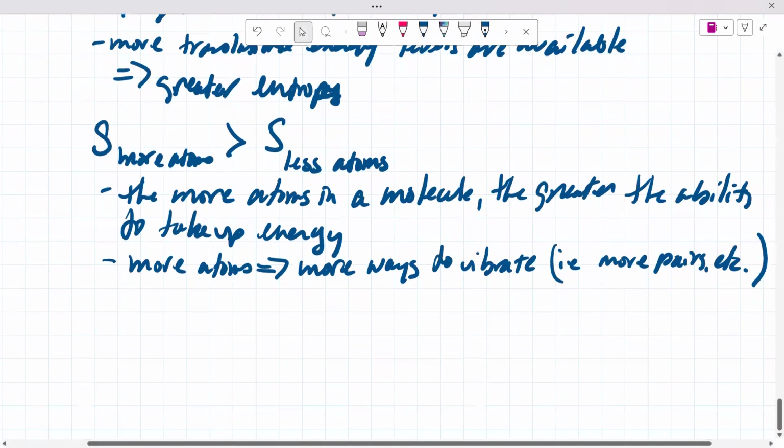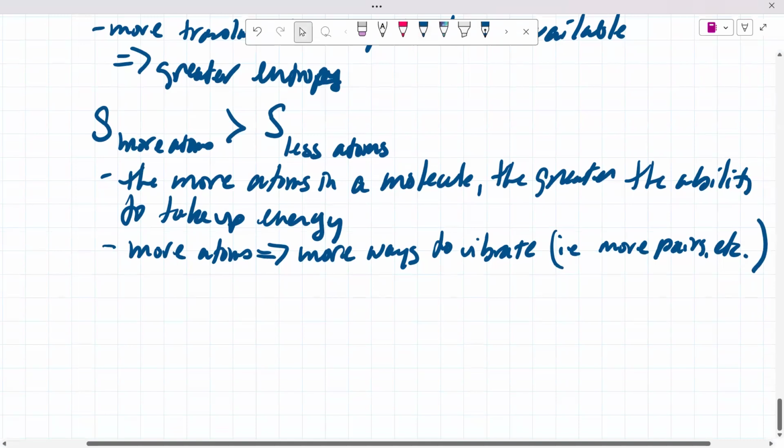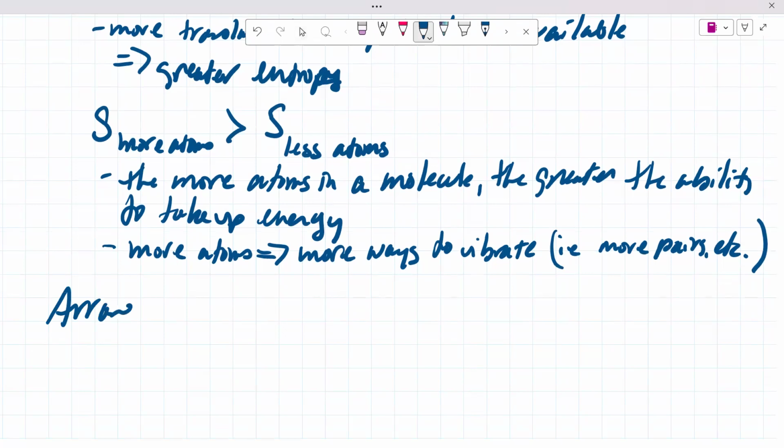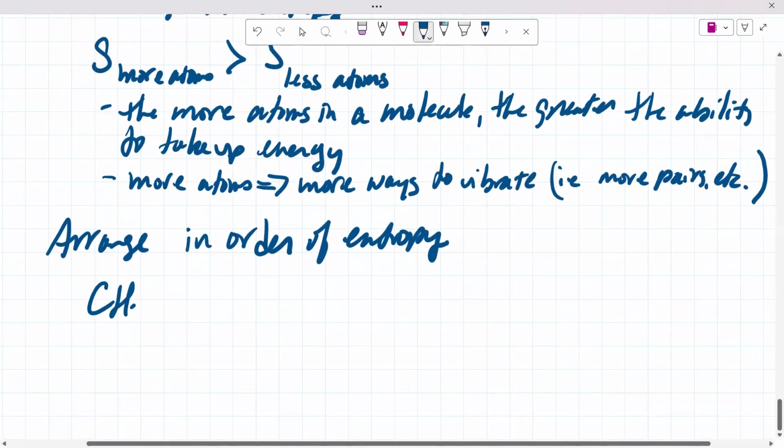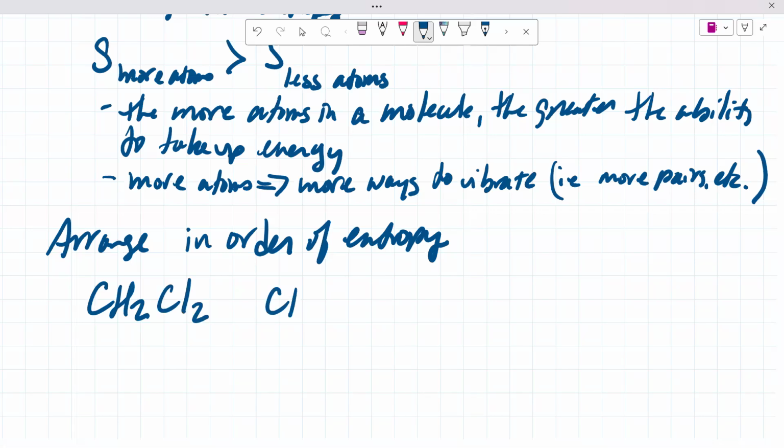So for example, we could arrange, in order of entropy, here are some molecular structures: CH2Cl2, CHCl3, CH3Cl.